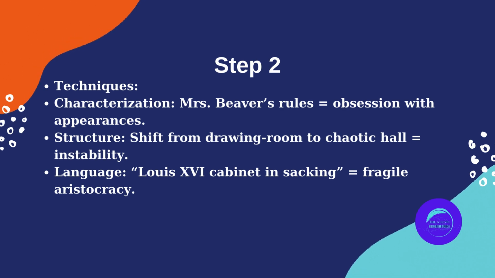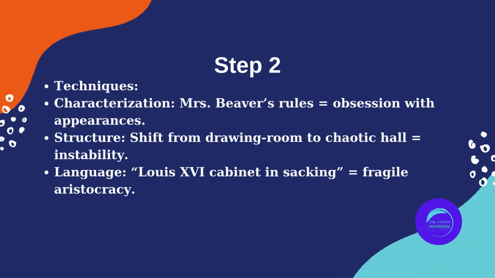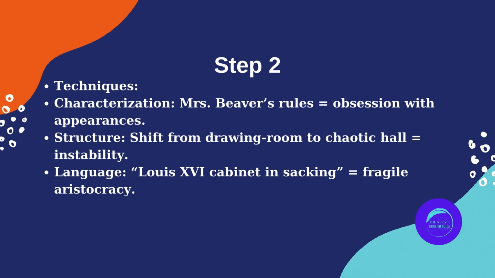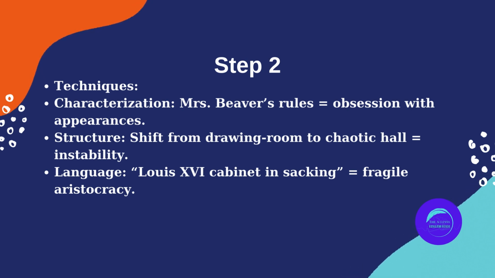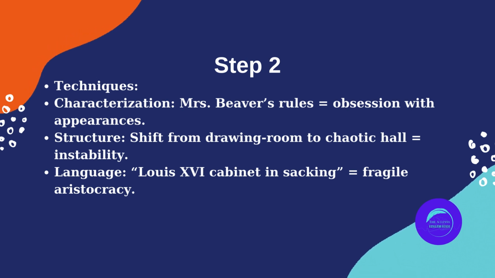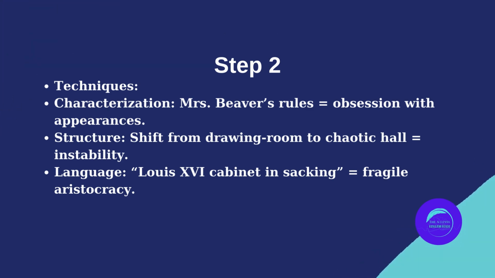Structure. The passage shifts abruptly from the controlled drawing room to the chaotic hall, mirroring the instability beneath aristocratic facades. Language. The Louis XVI cabinet, a relic of French aristocracy, wrapped in sacking, becomes a metaphor for the decaying, fragile nature of this social order.